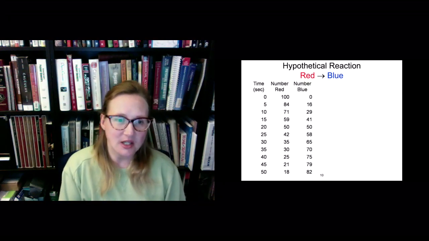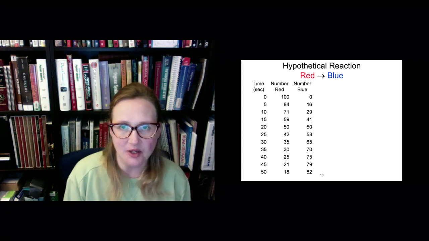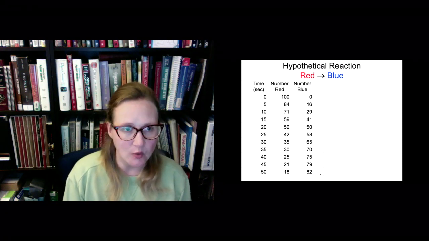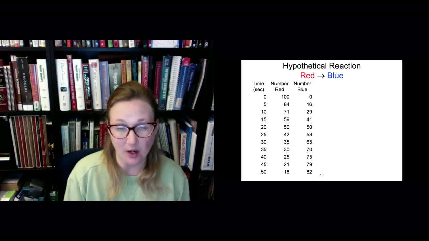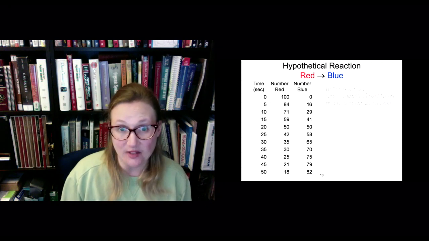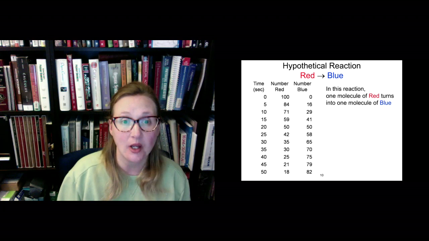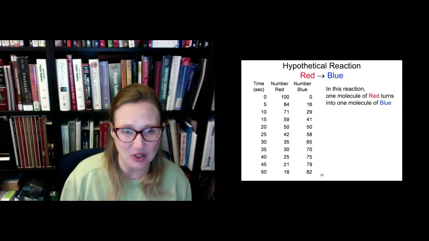Okay, so let's look at this in terms of data. We have this hypothetical reaction where red goes to blue. When we start at 0, we have all reactants and no products. So we have 100 molecules total, and we have 0 molecules of blue, because that's the product. At 0, we should have no product.